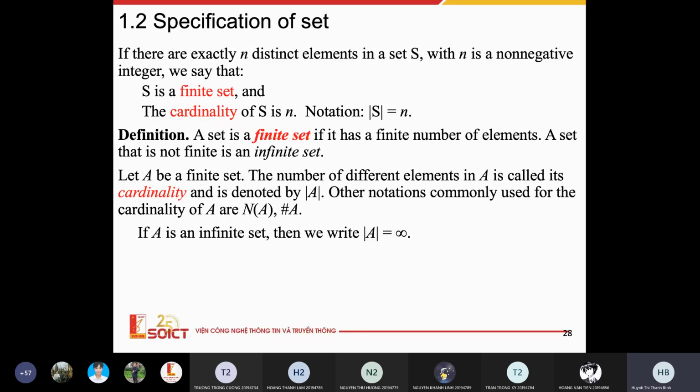Let set A be a finite set. The number of different elements in A is called its cardinality and is denoted by |A|. Another commonly used notation for the cardinality of set A is n(A). If A is an infinite set, then we can write it like the notation in the last row.